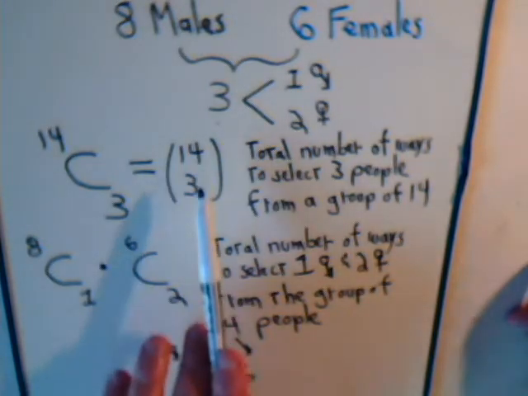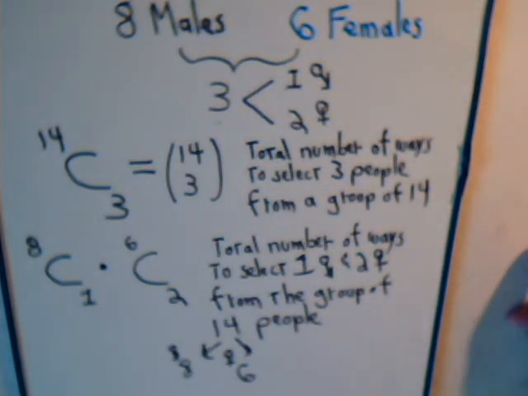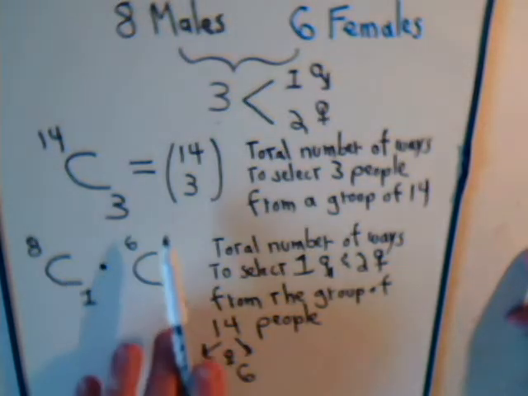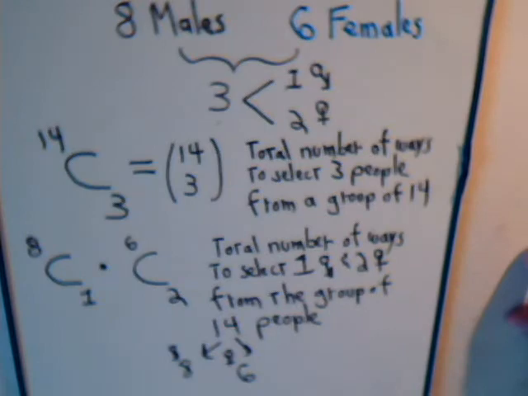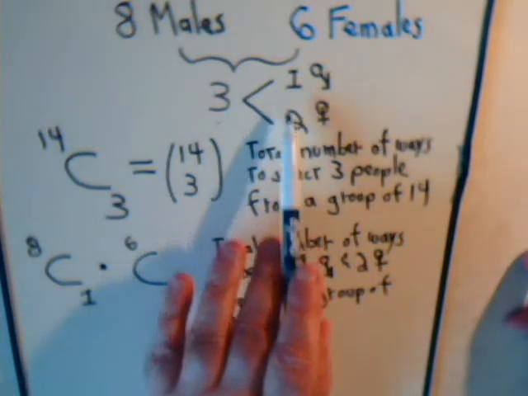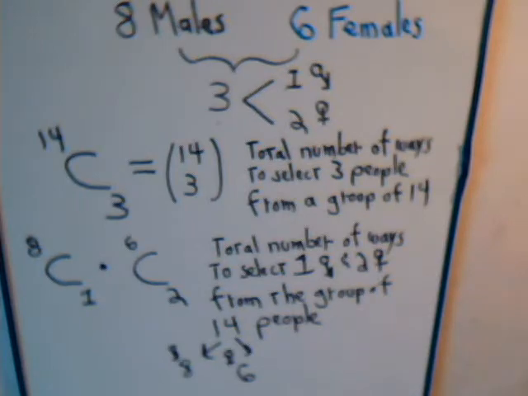This tells us the total number of ways to select 3 people from the group. So if I divide this by this, that tells us the probability of selecting 1 male and 2 females.